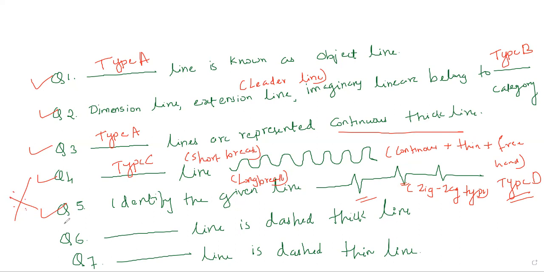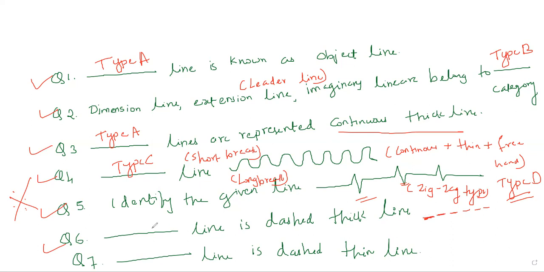Let's go ahead with another type of question. Dashed line is known as dashed thick line. For example, a dashed thick line means like this. See, dashed thick lines should be thicker only. Can you identify what kind of line belongs to this?